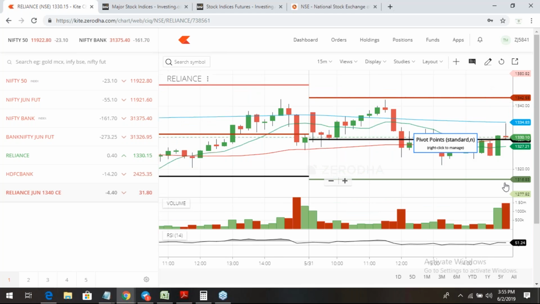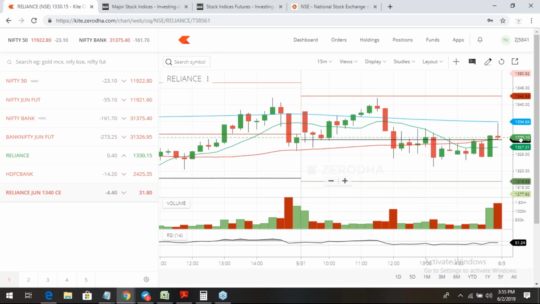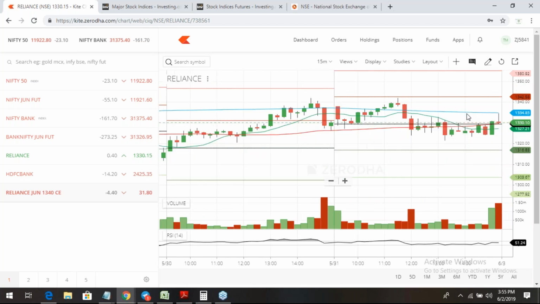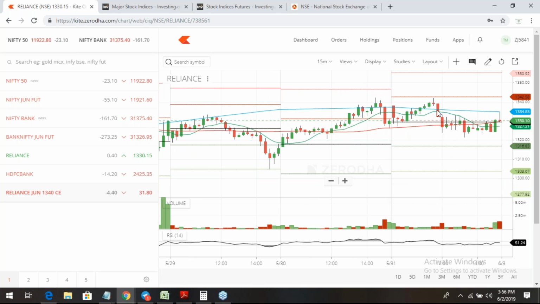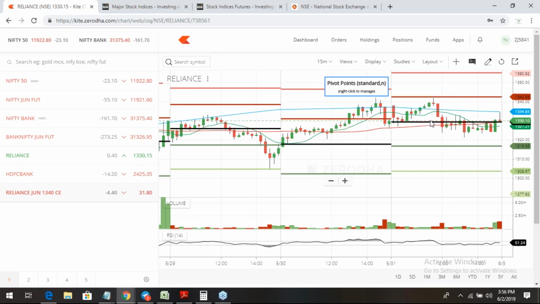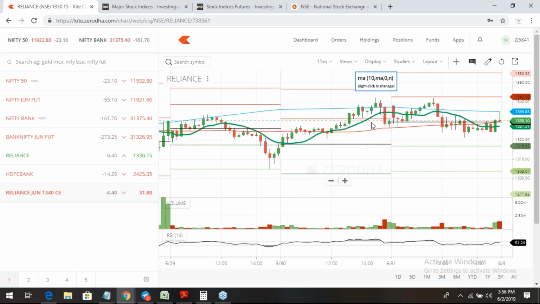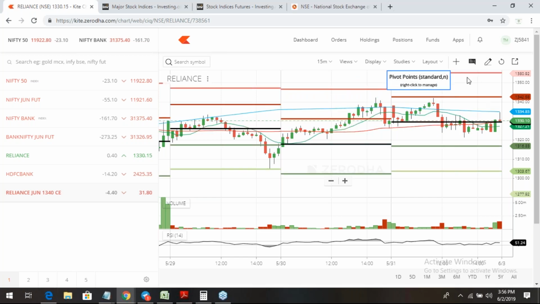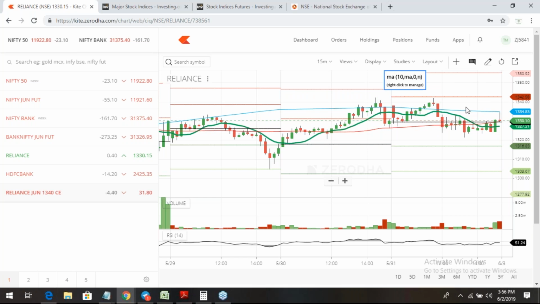And whenever we see support from 50 SMA or 200 SMA, the stock will go upside only. And if you are buying any stock for intraday, 50, 100 and 200 SMA will act as support and resistance.